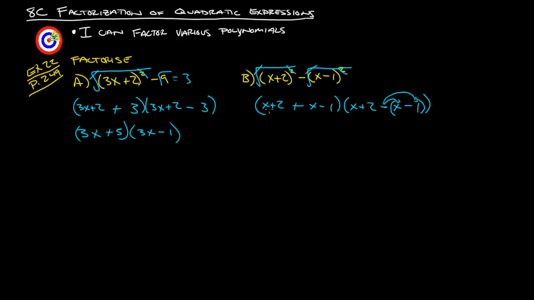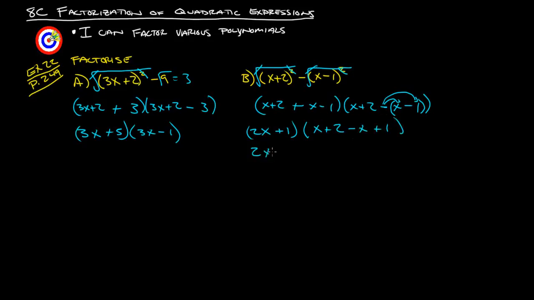Okay? So over here we get x plus x is 2x, and then we have 2 minus 1, which is 1. And then over on this side, let's do this one step at a time. So we get x plus 2, and that's minus x plus 1, because again we distribute that negative through to both.